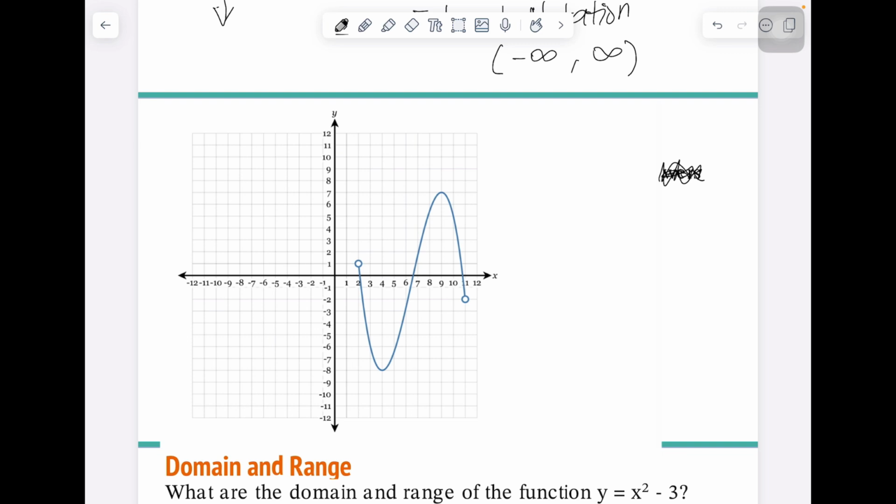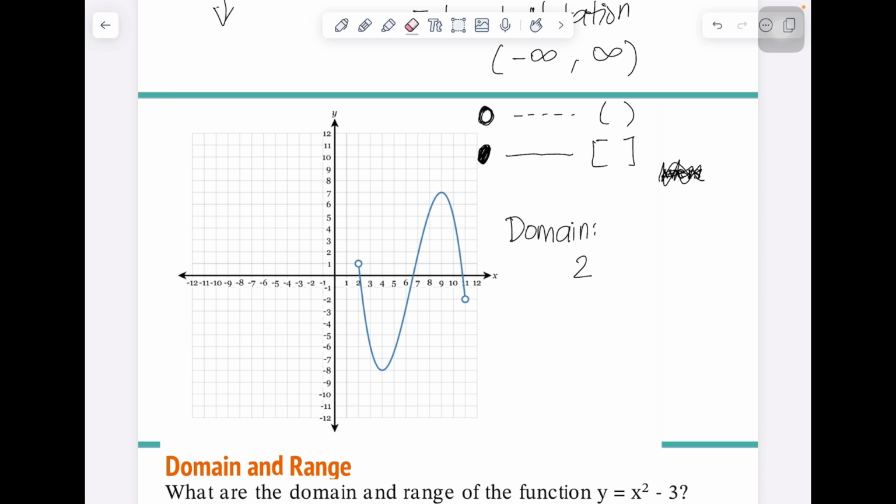What would be the domain for this? Domain is starting from 2, right? And take note that an open circle, you use that as this broken line, right? And you use parentheses if it's an open circle. But if it's a filled circle, that's a solid line again from your Desmos, and you use bracket for that. Look here.